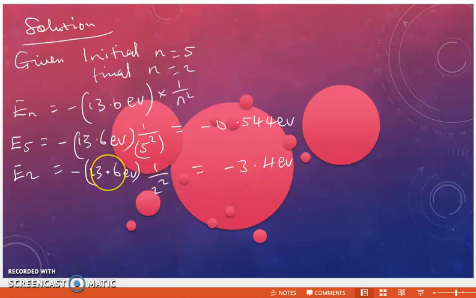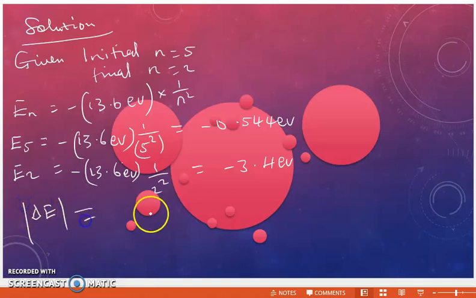At this point, because our target is to calculate the energy, let's get the magnitude. To get the magnitude, we take the change in energy and take the modulus.